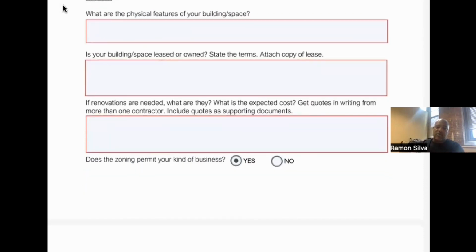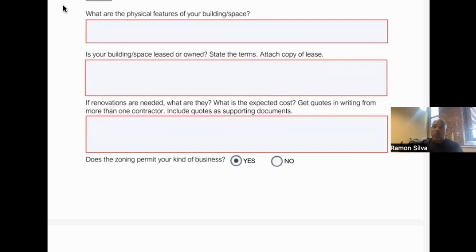These next questions about the location of your building or your space are important for a few reasons. One, are you operating your business out of a space that makes sense, both physically, does the space work for you? And also, can you afford it, or does it make sense to your budget?